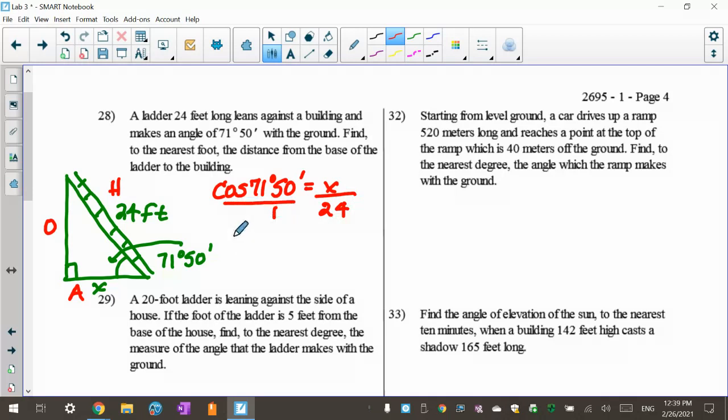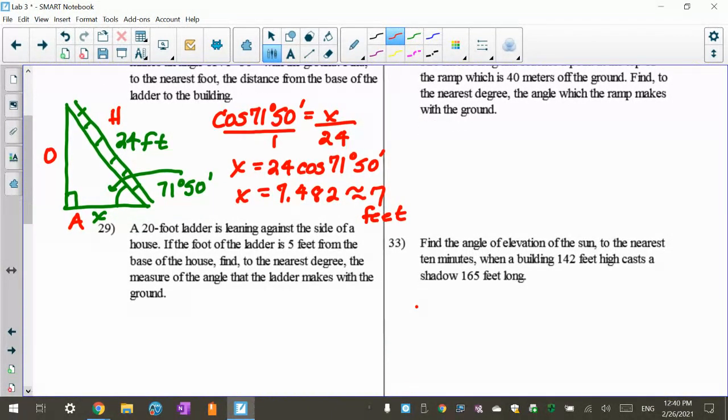So now I'm going to cross multiply. X is going to equal 24 times the cosine of 71 degrees 50 minutes. And when I do that, I find out that that's going to be 7.482. So it's roughly, said nearest foot, 7 feet.